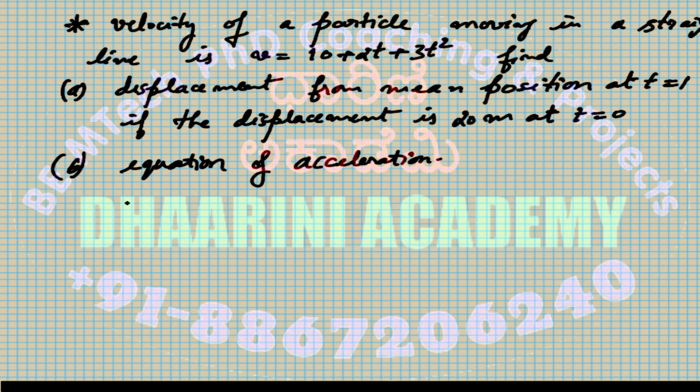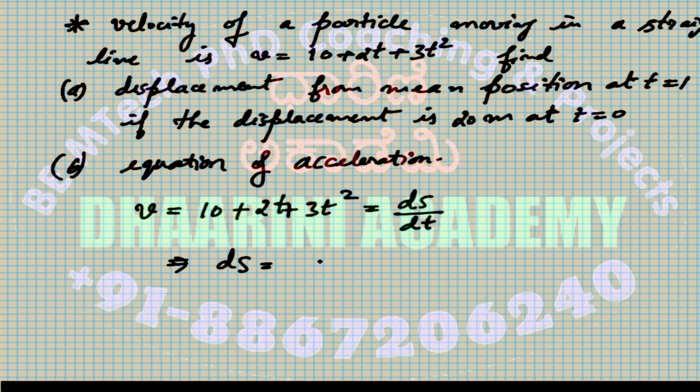So displacement is given in terms of velocity. v is equal to 10 plus 2t plus 3t square. This is nothing but the rate of change ds by dt. But my question is to find s now. So s can be found by using this. This implies I can get ds is equal to v dt.